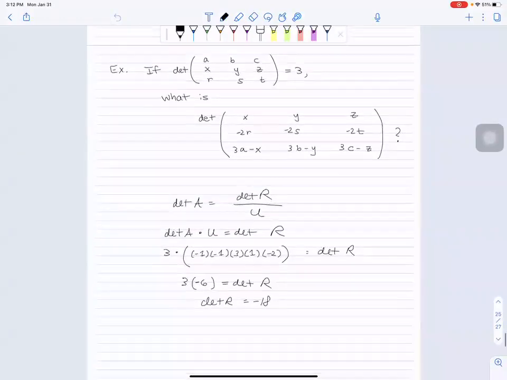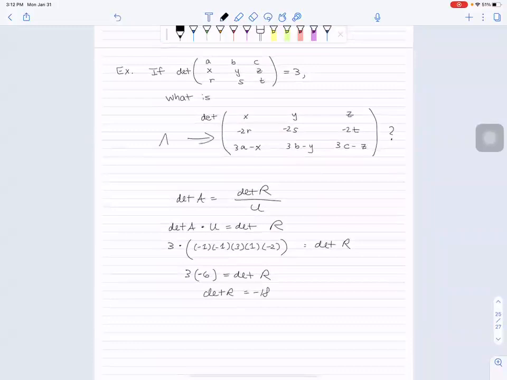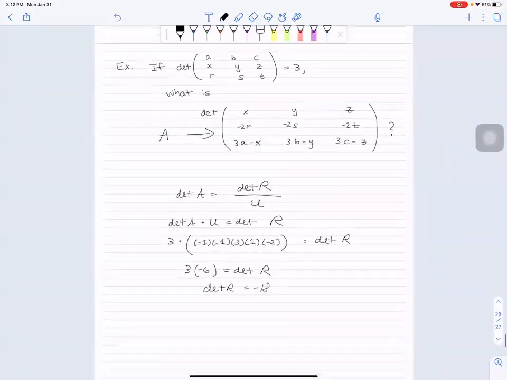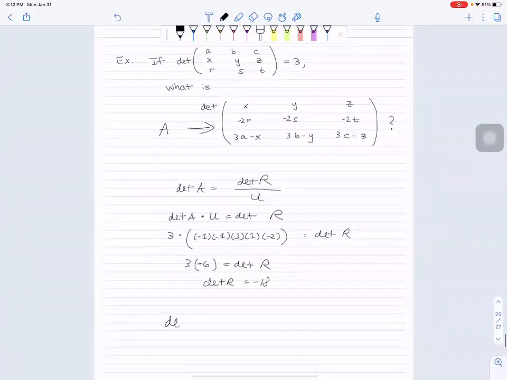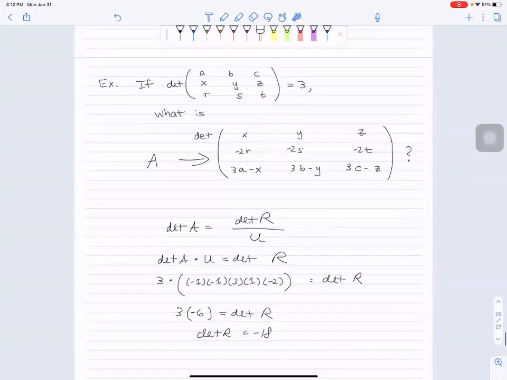Someone talked about doing it the other way. If you did it the other way, this complicated thing is A, and this is R. You're just going to get different operations, like instead of multiplying by 3, you might multiply by 1/3.